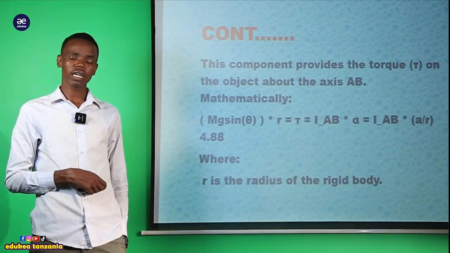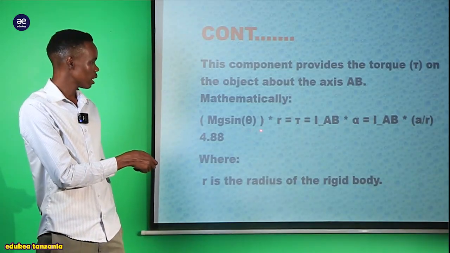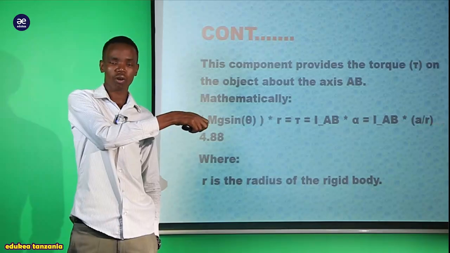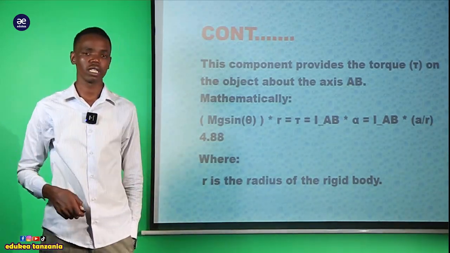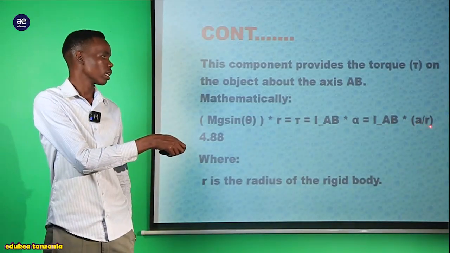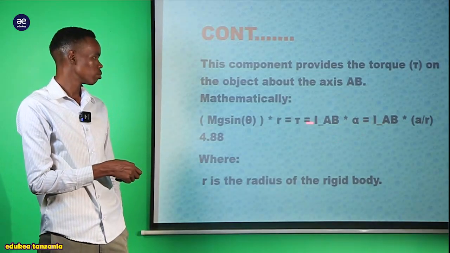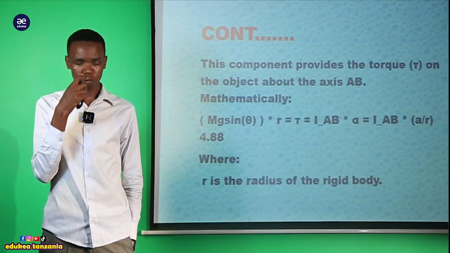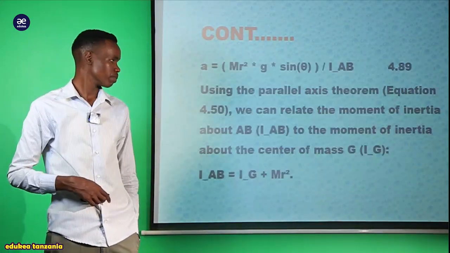The relationship that gives us the linear acceleration, my dear students, is mg sin theta times R equals the moment of inertia along AB times the linear acceleration, divided by R. This gives us the linear acceleration equal to mR squared g sin theta divided by the moment of inertia about the axis AB.